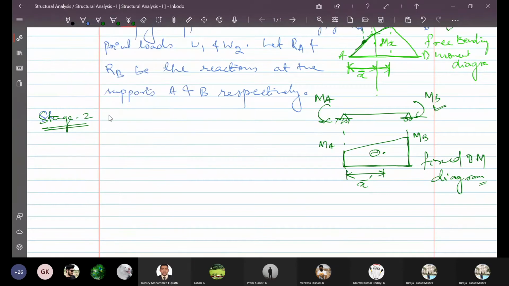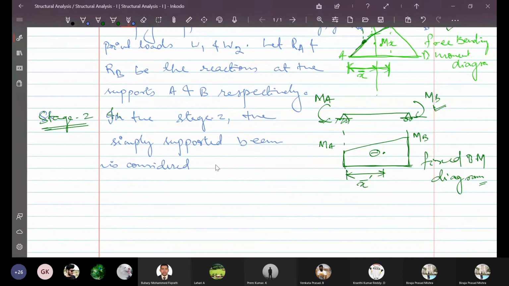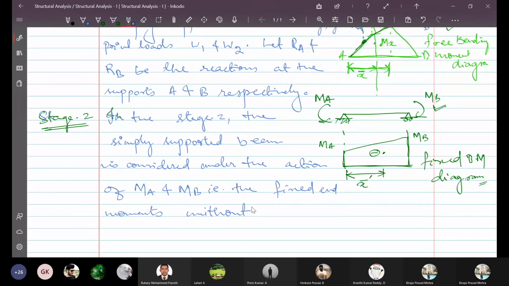So now we can write that in the stage 2, the simply supported beam is considered under the action of MA and MB, that is the fixed end moments, without the given loading.